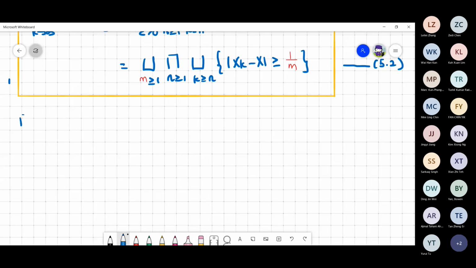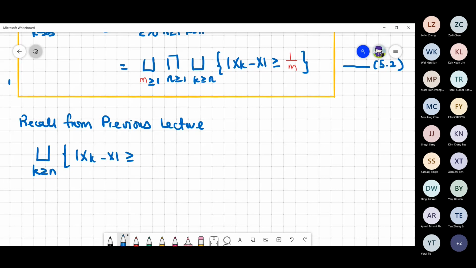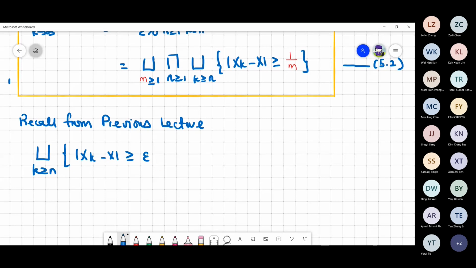From our previous lecture, we have this actually. Maybe we can say this is epsilon, it doesn't matter, epsilon or 1 over m, is equal to. If we take the union, this is actually equal to the set of all supremum of this.